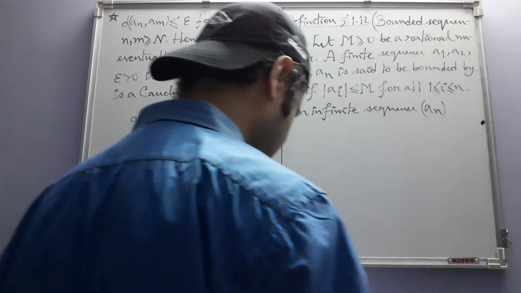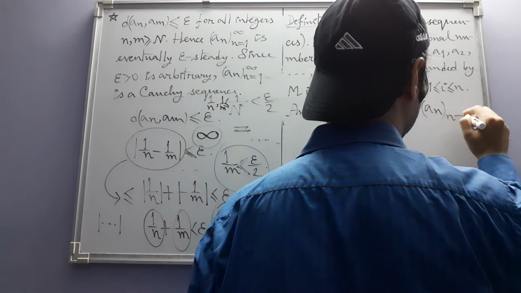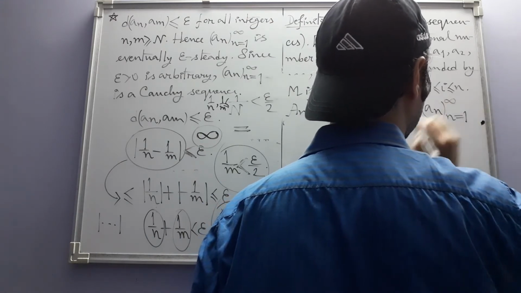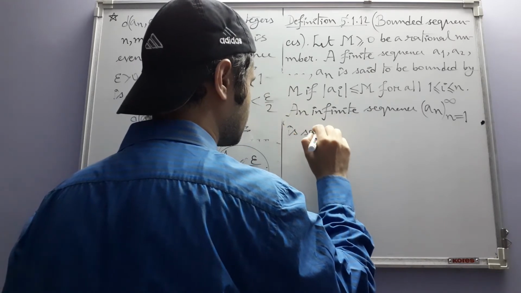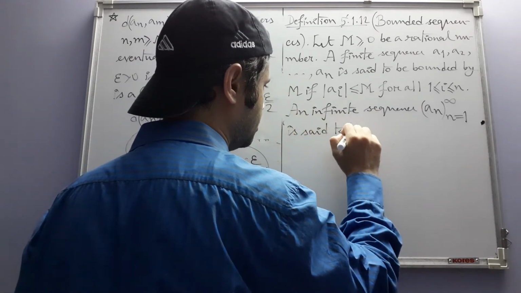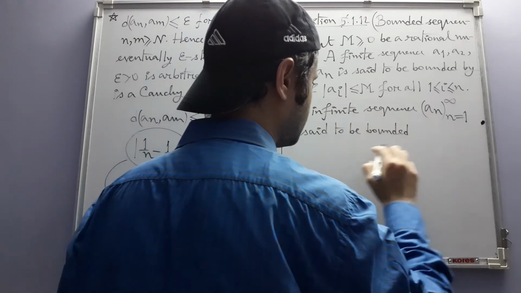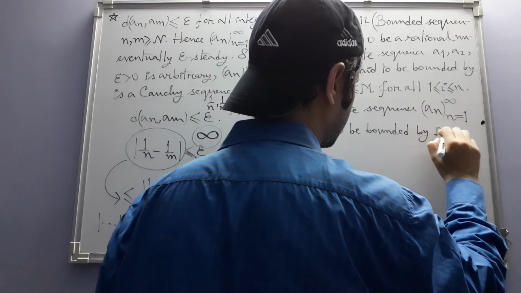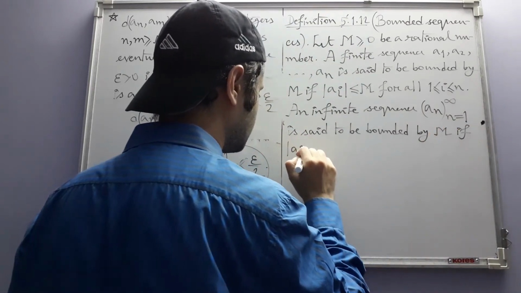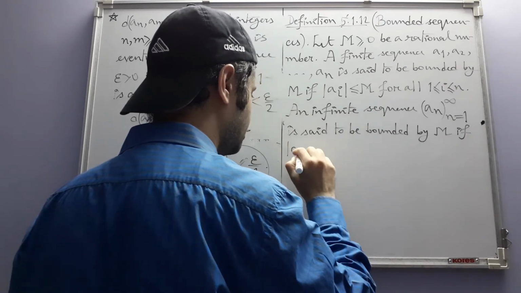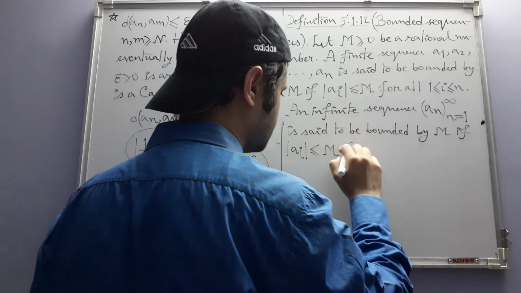An infinite sequence, here they are starting the index from 1, is said to be bounded by m if the absolute value of every term is less than or equal to m.